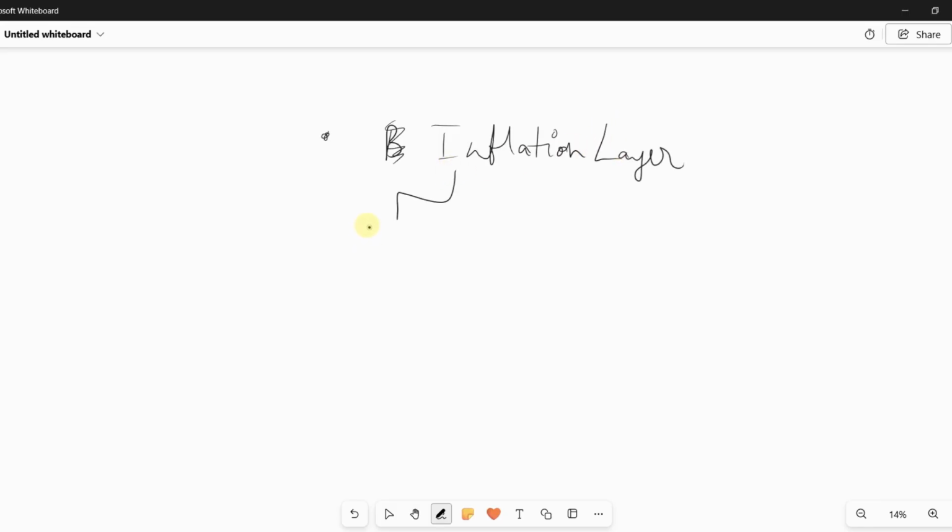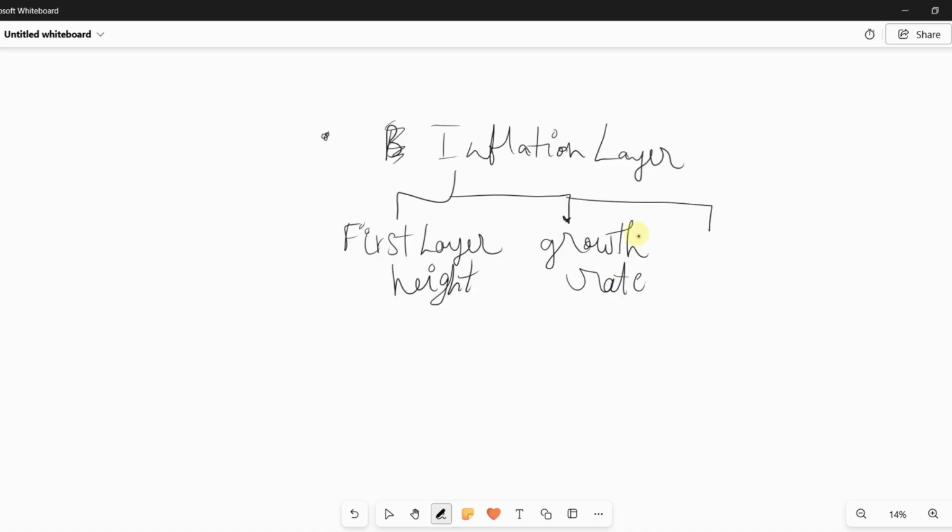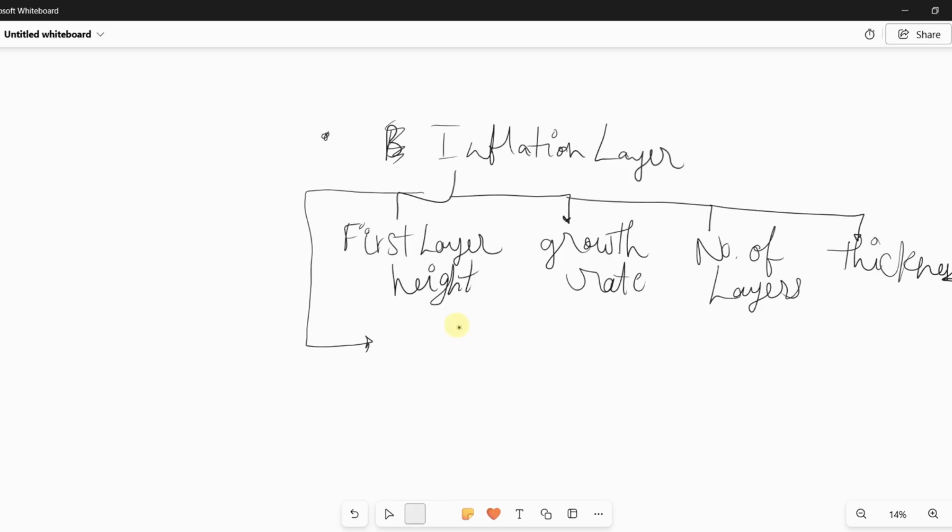The parameters are: you have your first layer height, then you have your growth rate, you have your number of layers, you have layer thickness, and finally the most important, the dad of all, y plus, right?